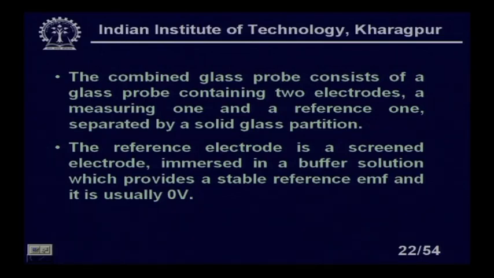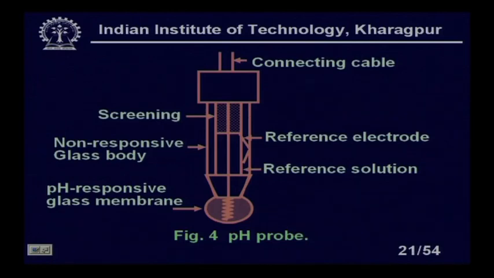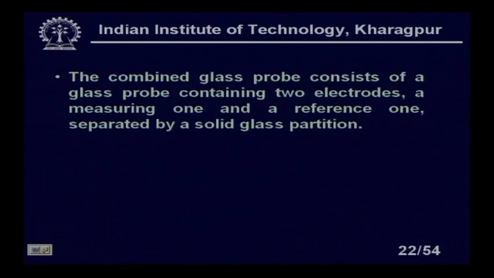The reference electrode is a screened electrode immersed in a buffer solution, which provides a stable reference EMF, and it is usually 0 volt. Let us look again. You see here, there is a buffer solution. This is filled up with the solution.